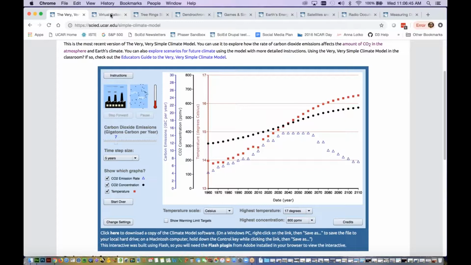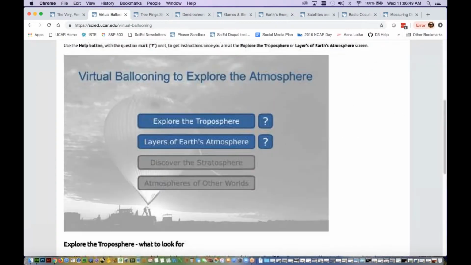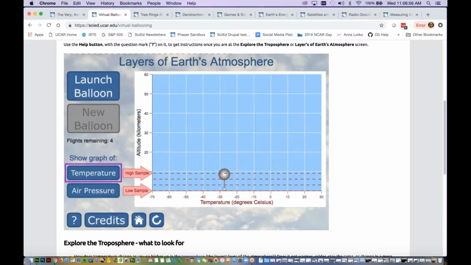Moving right along, we've got a piece about learning about layers of the atmosphere. I think I'm going to jump to the second level because it's a bit more interesting. Instead of just being shown a diagram of the different layers of the atmosphere, the idea here is that you launch balloons that can take readings of temperature and air pressure, and along the way you discover that there are certain places where there are dramatic shifts in the temperature profile, and those are the places that we call the different layers.